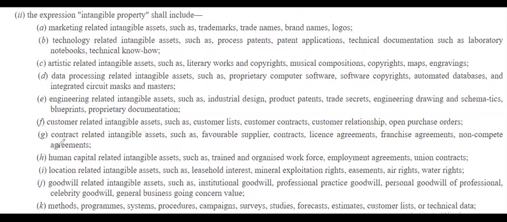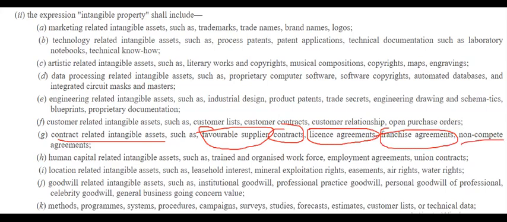Intangible property includes contract related intangible assets such as favorable supplier contracts, license agreement, franchise agreement, non-compete agreements.